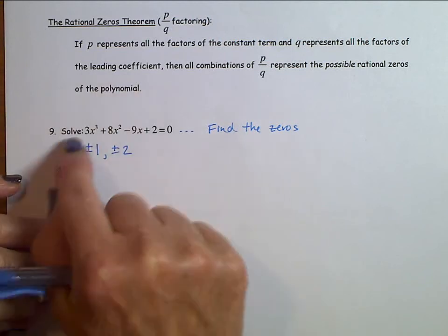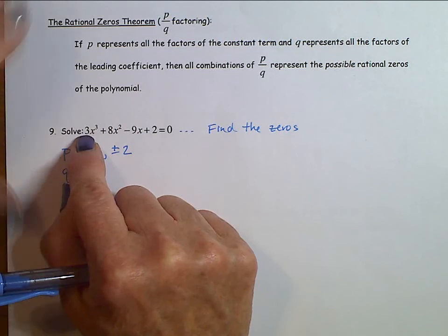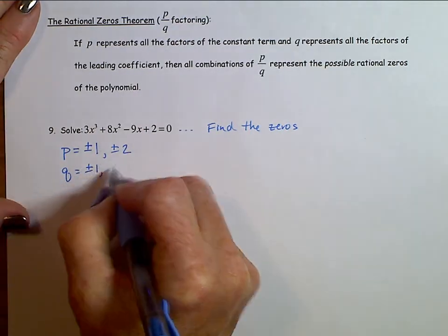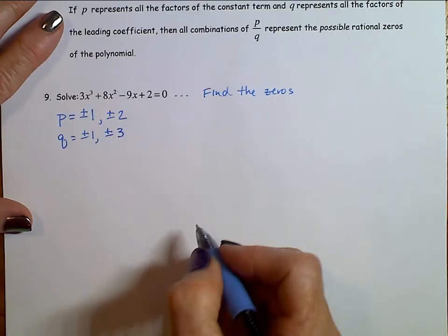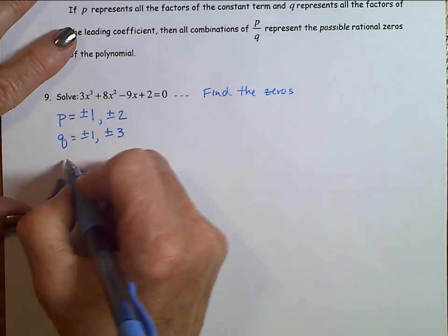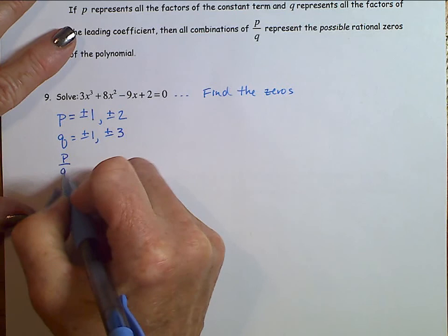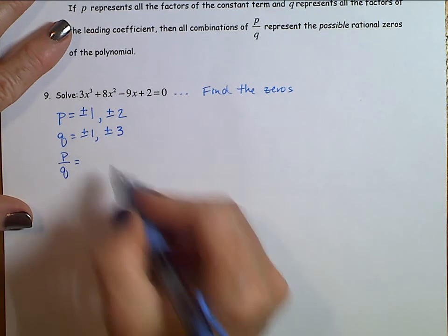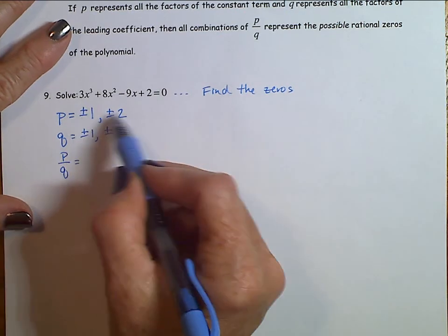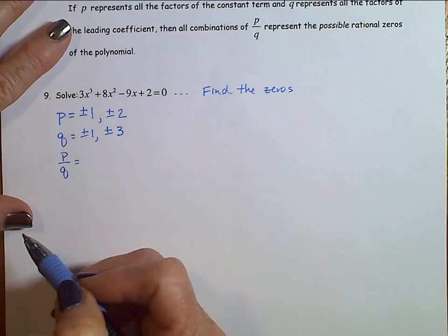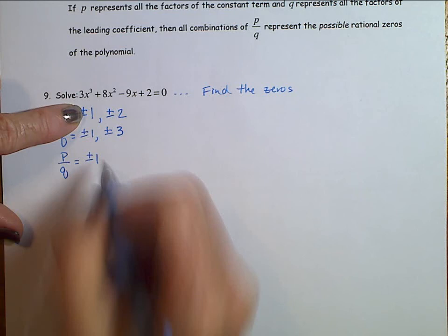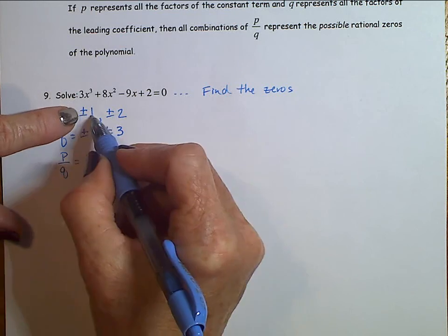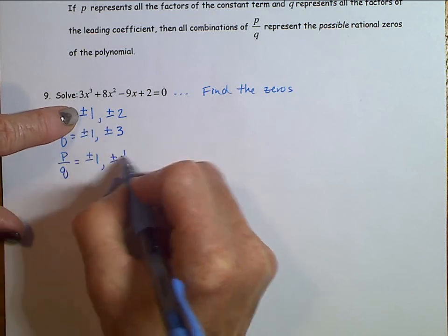So 3, things that could multiply to be 3, plus or minus 1, plus or minus 3. And then P over Q. That's all the possible combinations of P, each of these values over these values. So right here we're going to have 1 over 1, so plus or minus 1. 1 over 3, plus or minus 1/3.